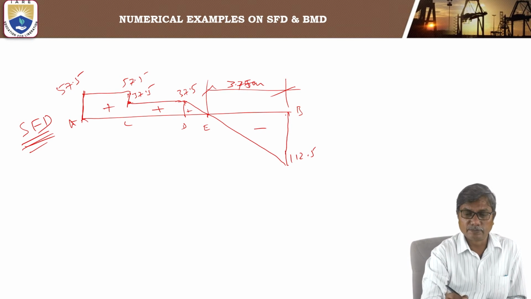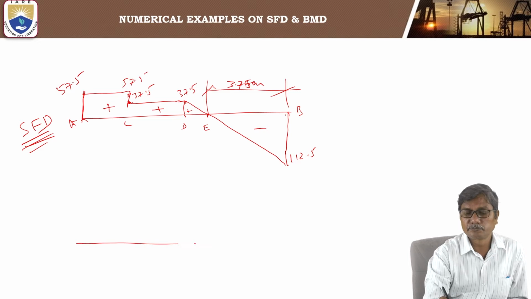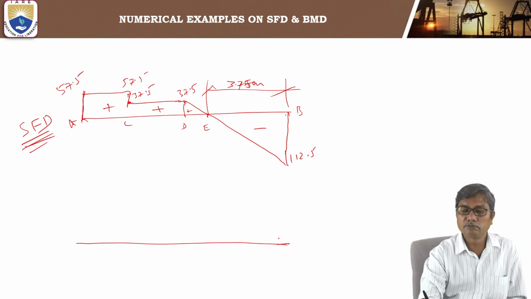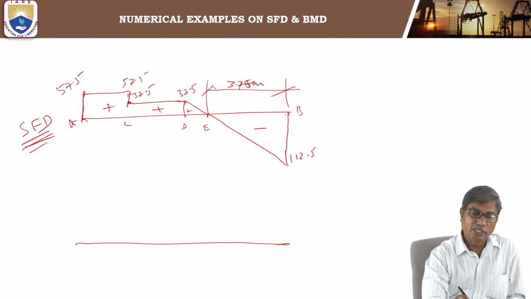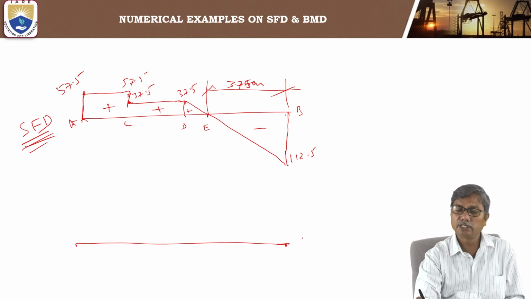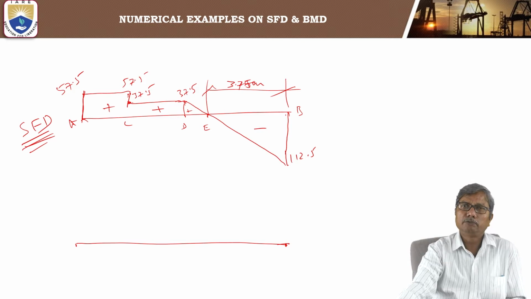Similarly, if you draw the bending moment diagram, the bending moment at A and at B are 0. Being simple supports, the bending moment will be 0.